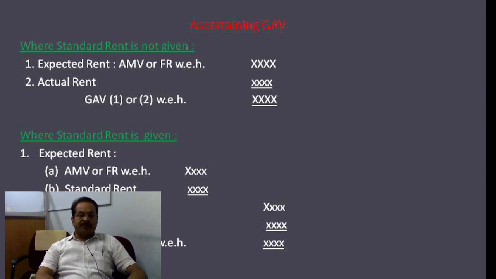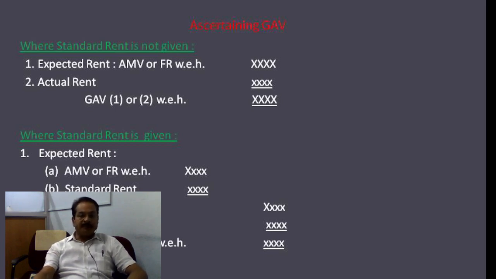First, we have to take expected rent. Expected rent is annual municipal value or fair rent, whichever is higher. Second, we have to take the actual rent. Gross annual value is the highest of these two. Gross annual value is 1 or 2, whichever is higher.